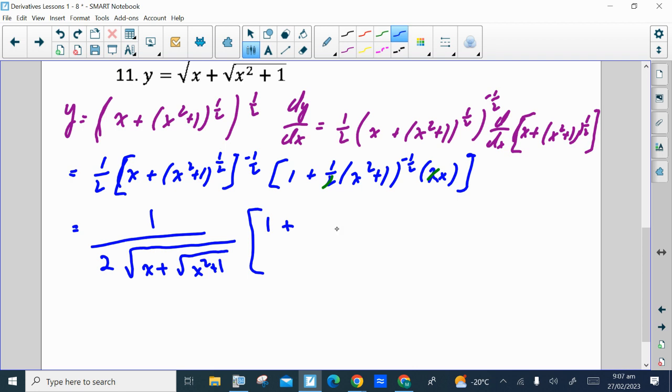And so we're just going to have 1 times x on top over the root of x squared plus 1. And that's how I'm going to leave that.